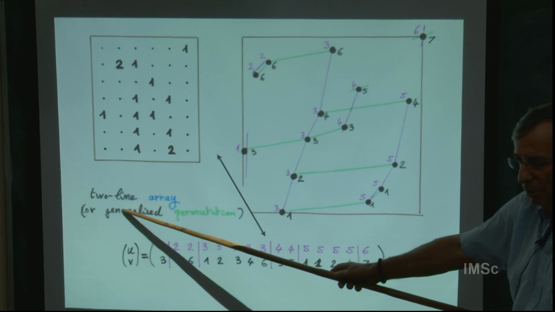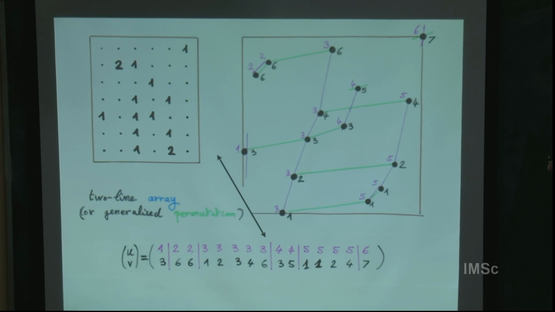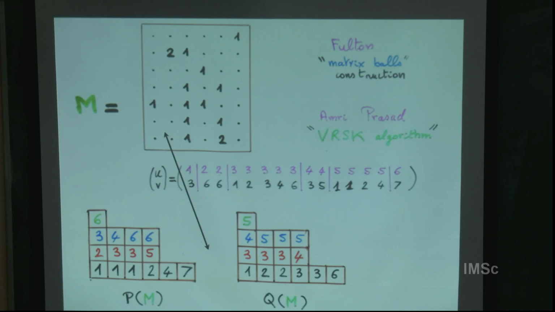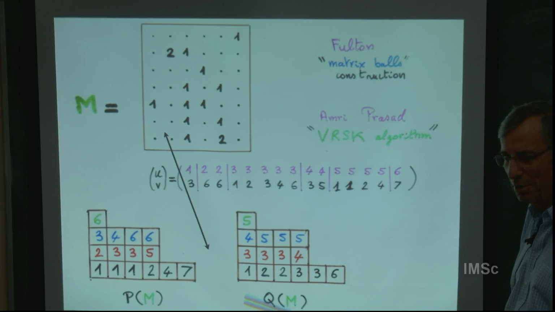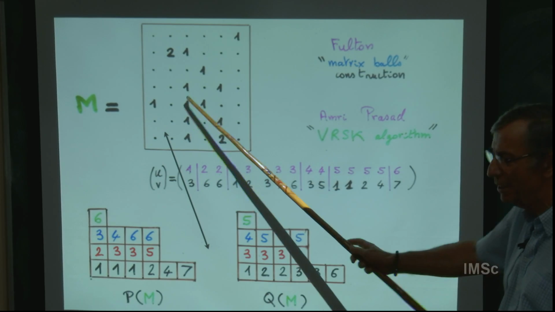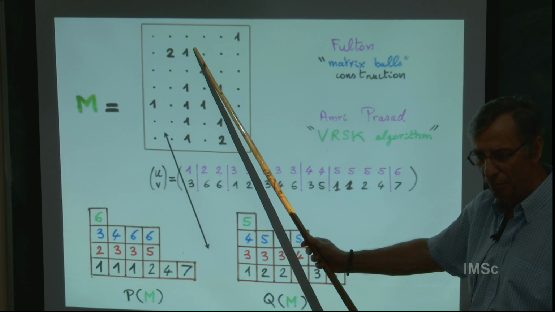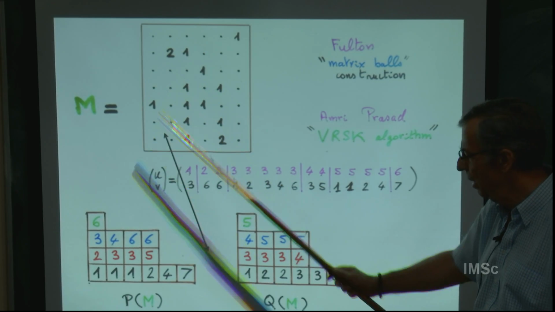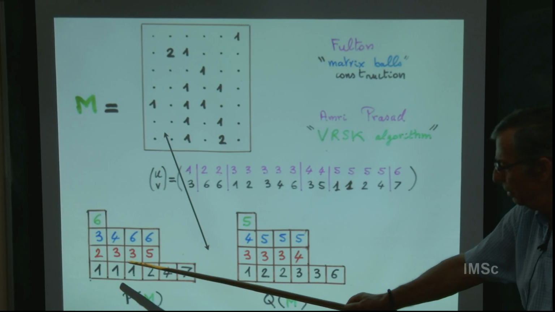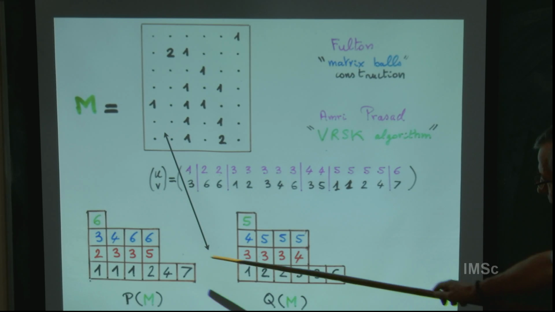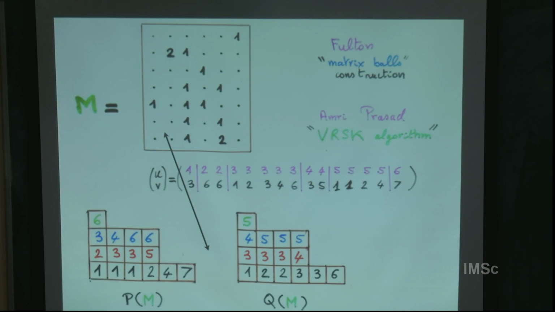This is called a two-line array, and you apply RSK on this. But this is a standard RSK for permutations. You have to prove that now you have a semi-standard Young tableau. What do you have? You have a bijection between matrices with positive or 0 entries and a pair of P and Q tableaux, which are called semi-standard Young tableaux. They are weakly increasing in rows and strictly increasing in columns.